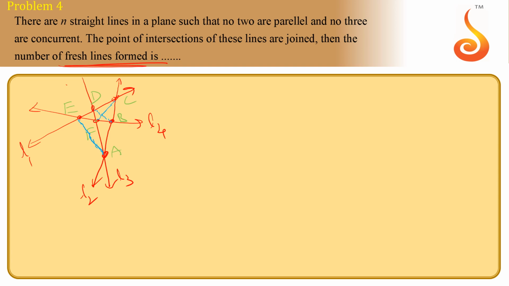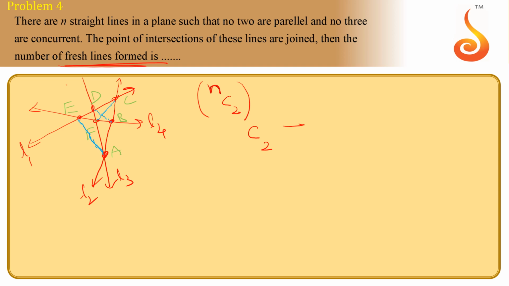Now if I generalize this, since there are n lines, these n lines will generate nC2 points. Then from those nC2 points, again C2 will be the number of straight lines.